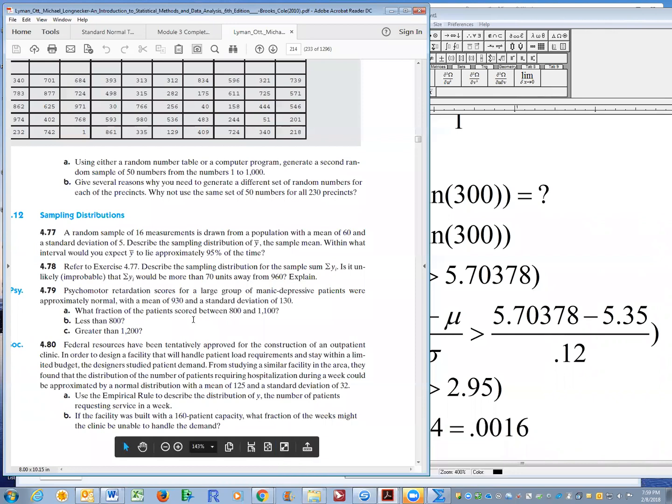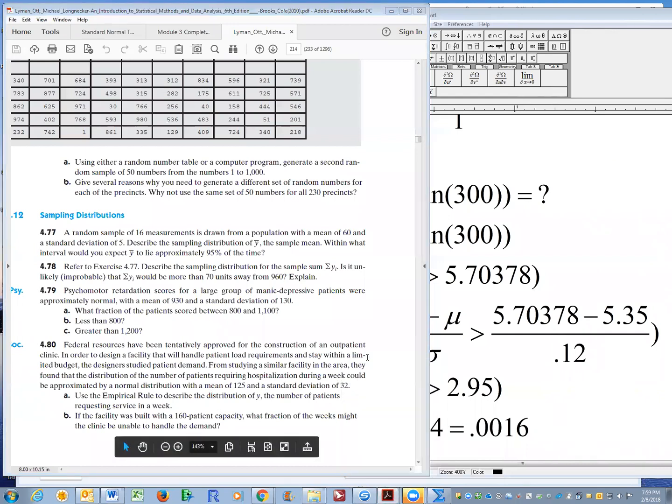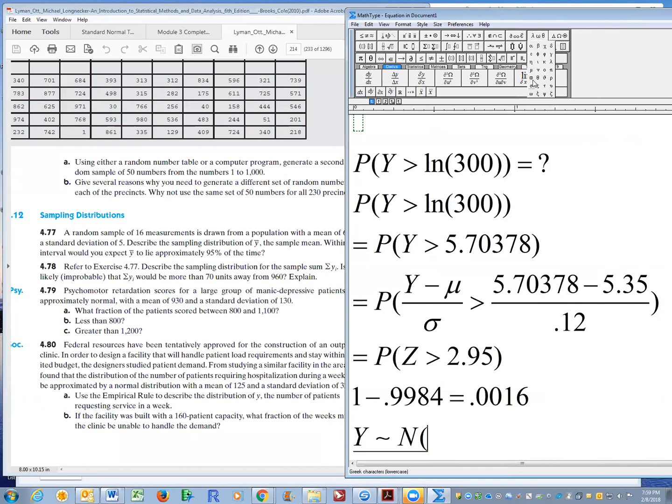So I did Y, and then the squiggly line and the normal N, and then the mu was 125 and the standard deviation was 32. Okay. So Y is distributed normal, with a mean of 125 and standard deviation of 32.